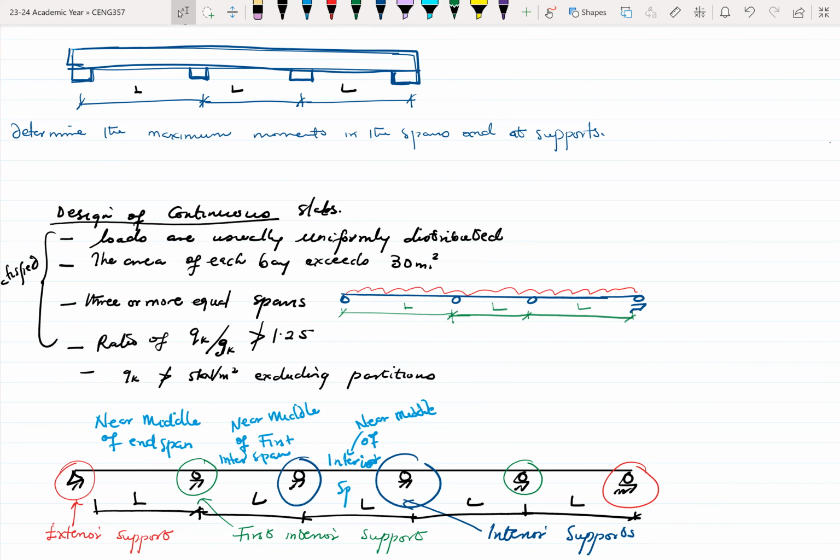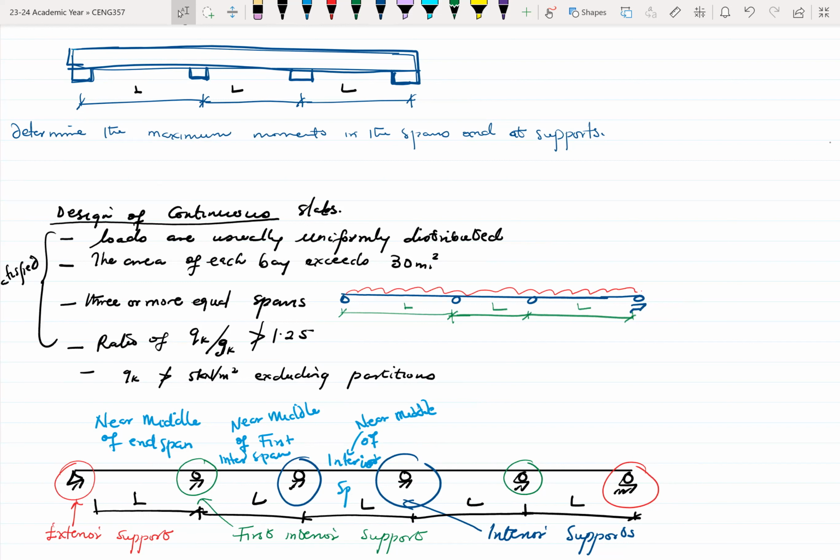And also our characteristic imposed load should not exceed 5 kilonewtons per meter squared.